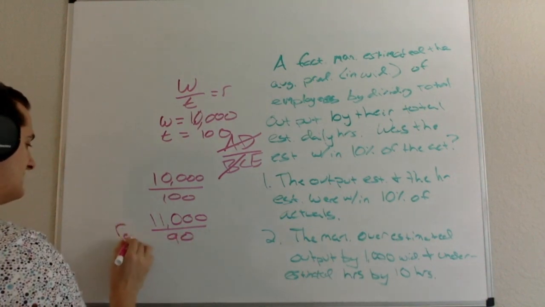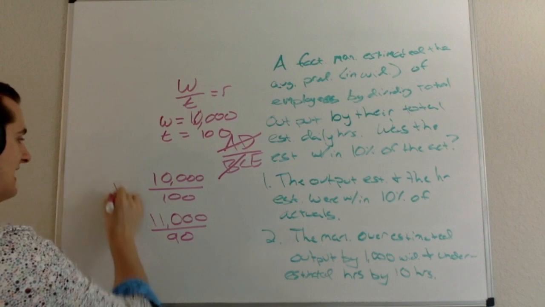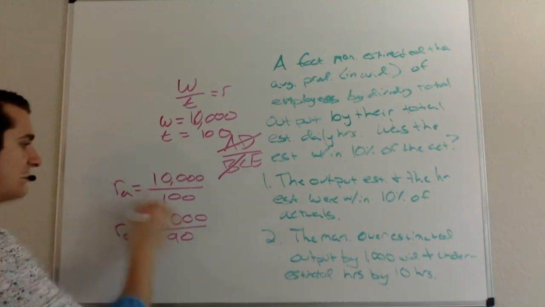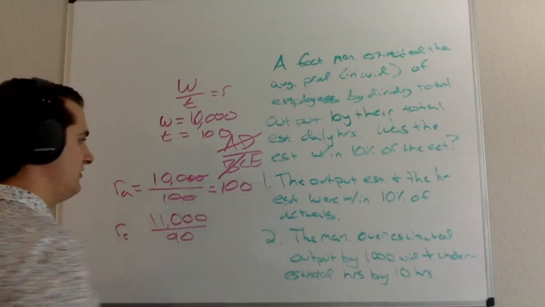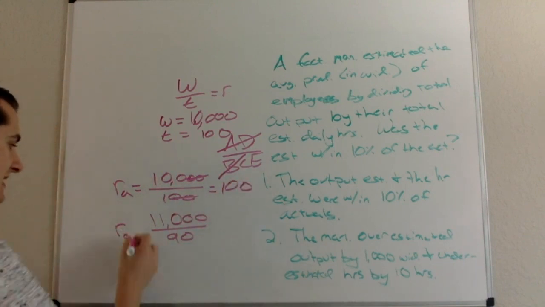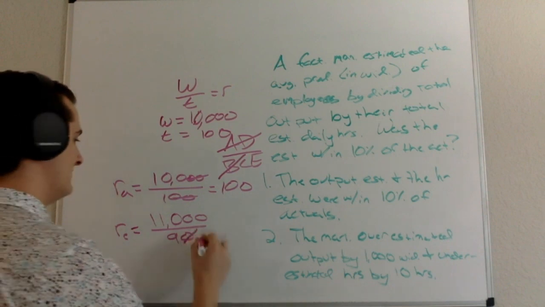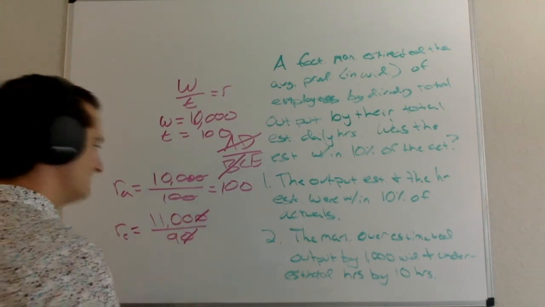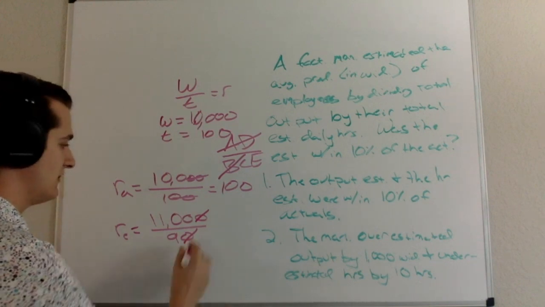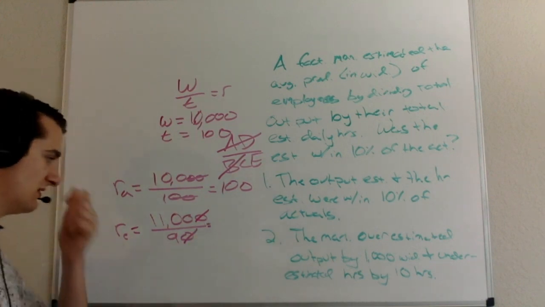So this is my estimated rate, and this is my actual rate. My actual rate here, I can eliminate a couple zeros, is going to be 100. My estimated rate here is going to be 1,100 over 9.